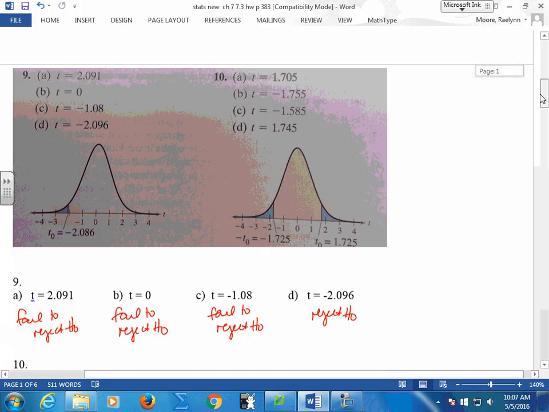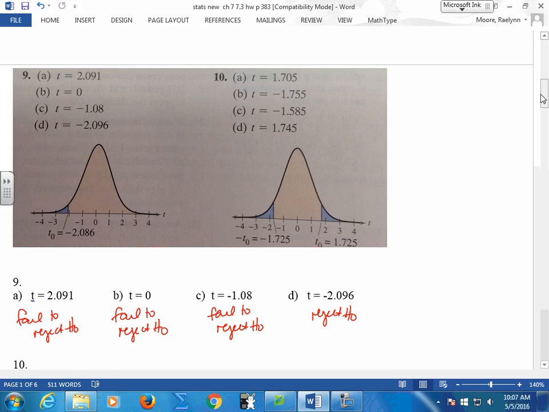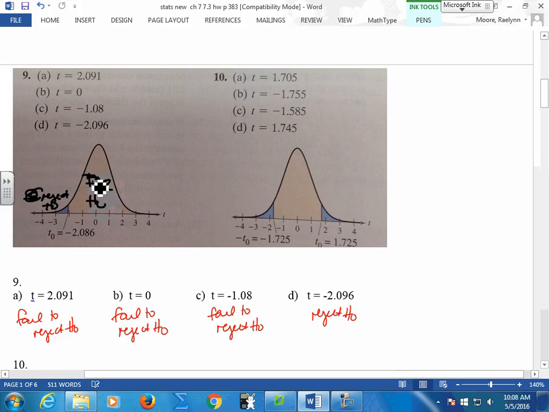Okay, so this one asked you what your decision will be. Don't forget, anything in blue is reject H0. Anything open is fail to reject H0. So judge where your numbers are. This is your cutoff value.